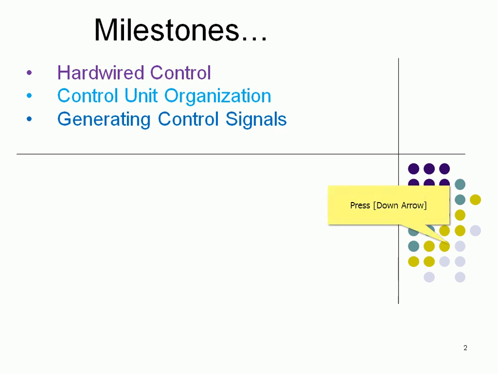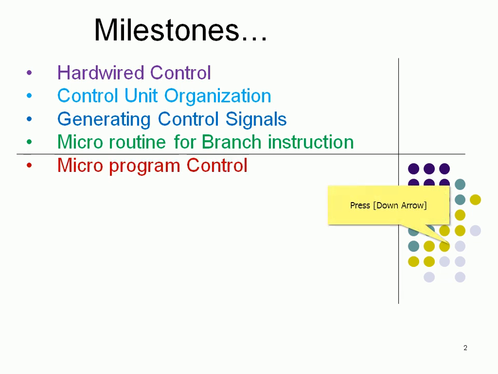So, how to generate the control signals with the technique called hardwired control mechanism. The other one is the microprogram control signal generation, that is through the micro routine for branch instruction. The microprogram control is going to be discussed as an alternative technique to generate the control signals, as hardware control signals generate.